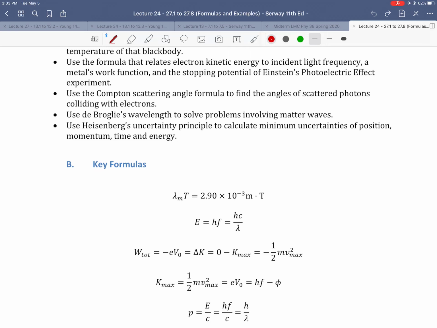Let me make sure and label the important variables in the formula. Okay? So here we have Wien's Law. Lambda sub m is the peak wavelength.